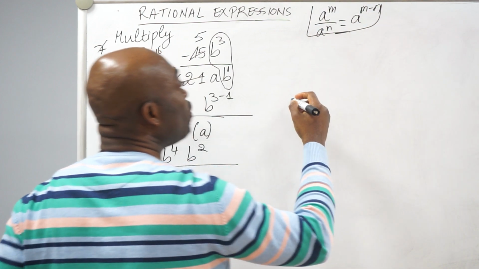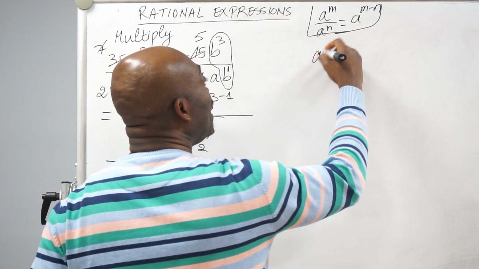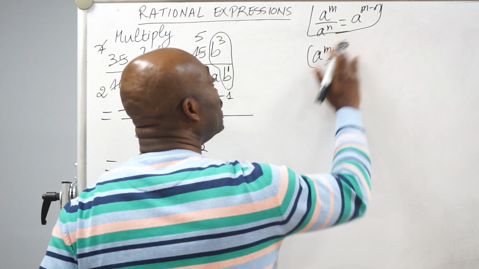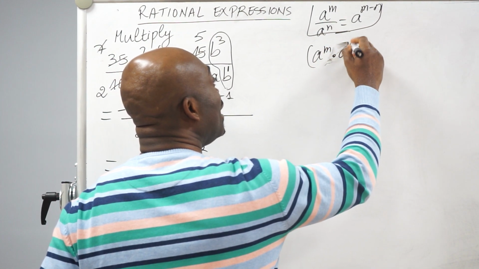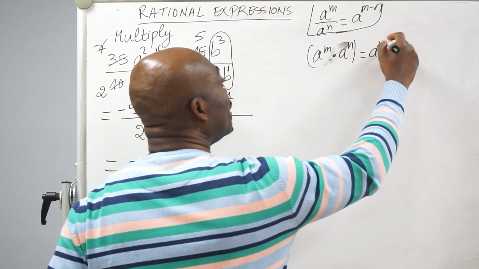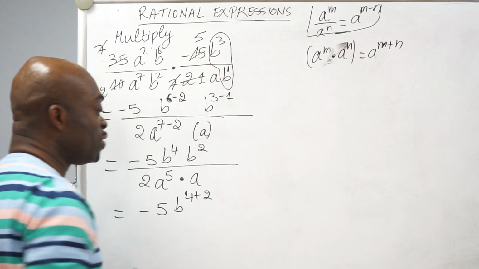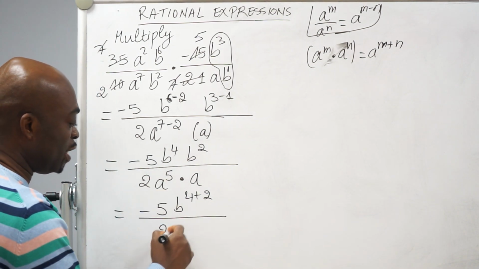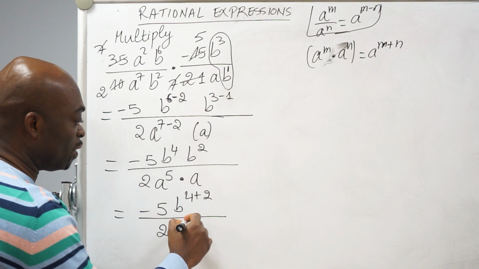But when you're multiplying, what do you have? A^m times A^n is equal to A^(m plus n). So that's what we're using here. All right, so then we have 2 here, and A to the 5 plus 1.